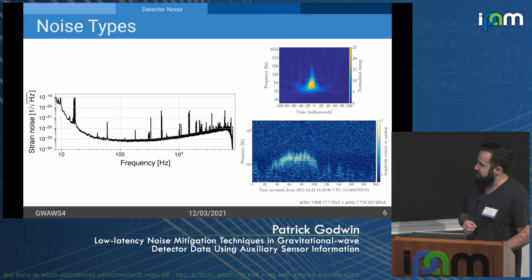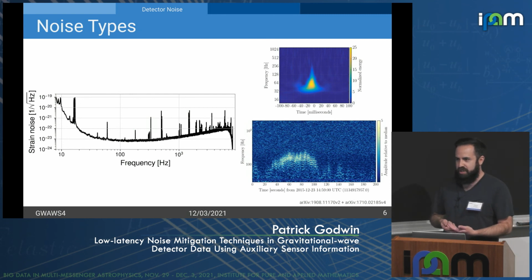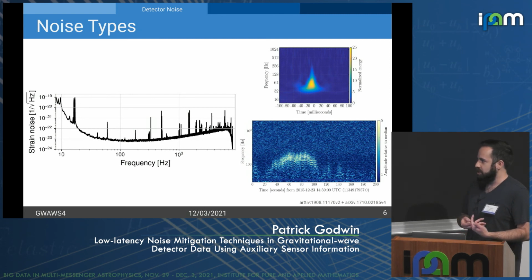This is, I believe, from elevated ground motion, but you can see that it's less well localized in time. It lasts tens of seconds to minutes and can really plague the detector sensitivity and make it hard to search for, for example, binary neutron star events. So the ways you deal with these different noise types can be different.